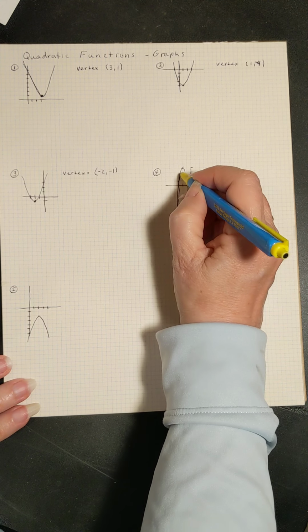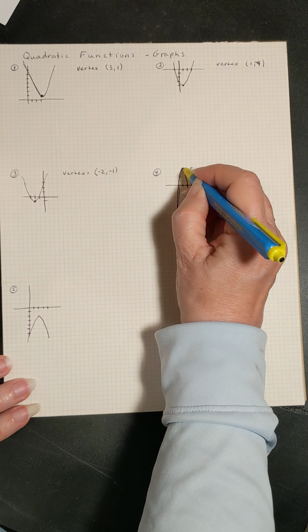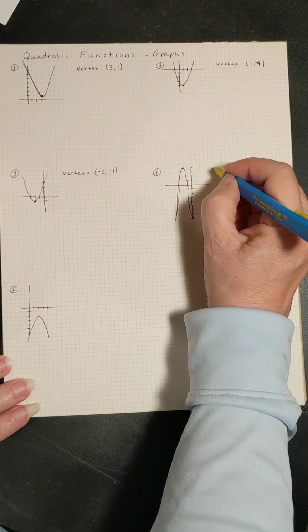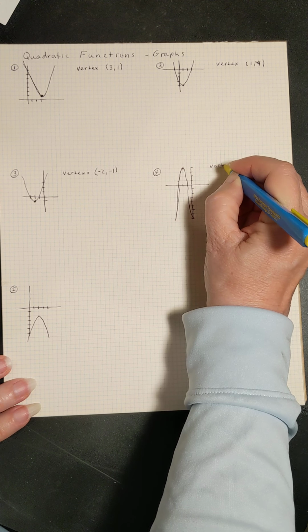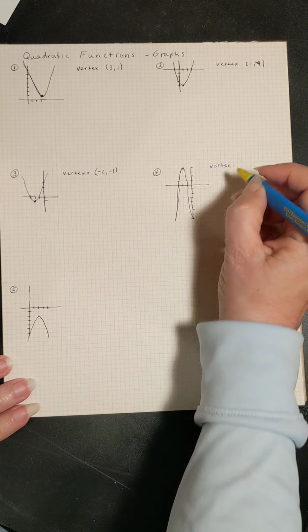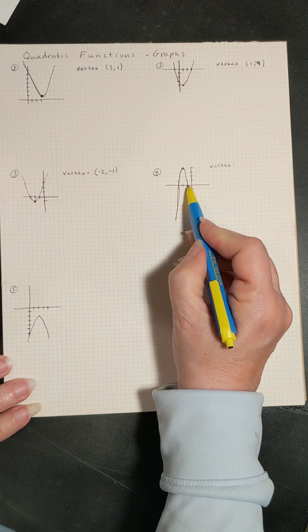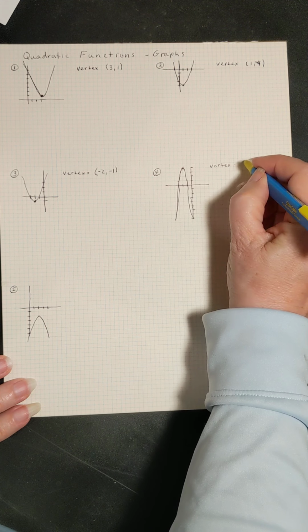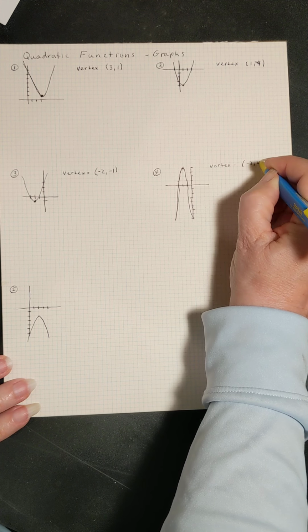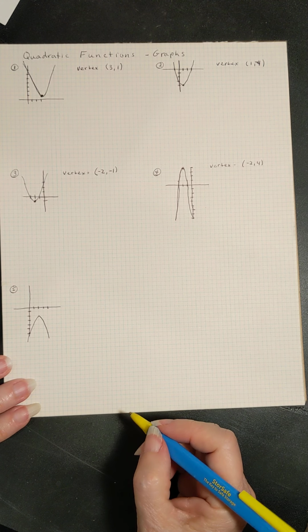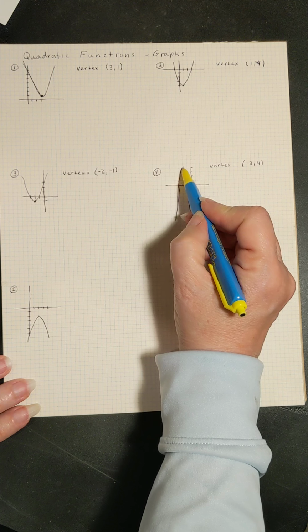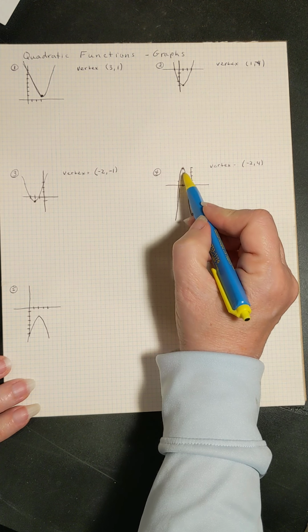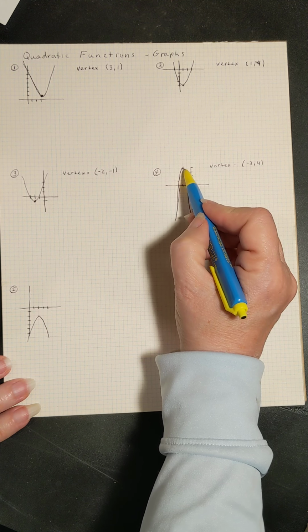Now, notice this one, it turns around at this point right here. And so my vertex here is over negative 2, up 1, 2, 3, 4. All right? And notice that this one, because it's going upside down, this is the point where it reaches its top.